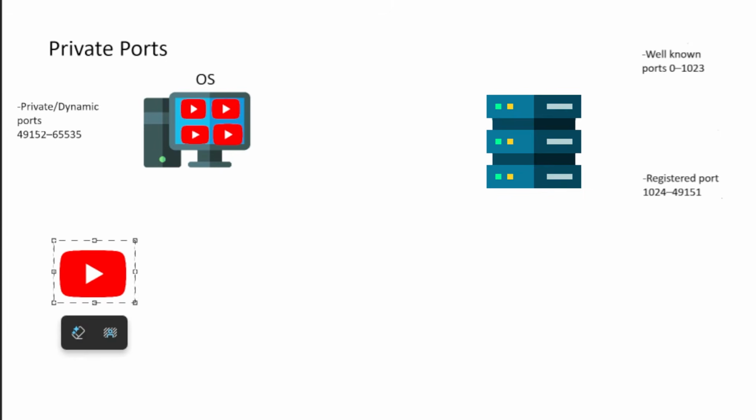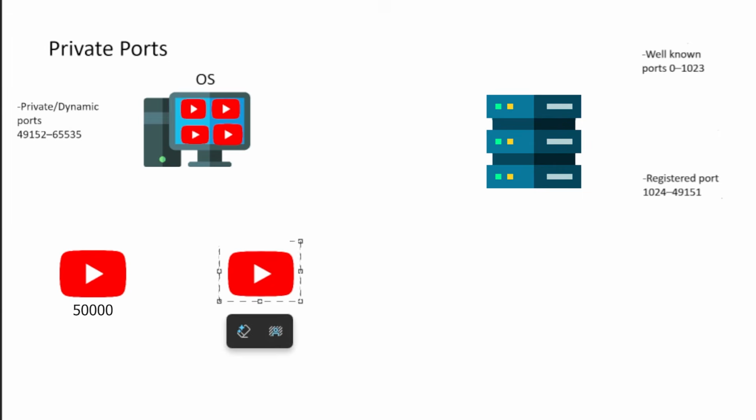Okay, so we want to watch a YouTube video. The operating system picks a free port number for that. Let's say port 50,000. If we now open a second tab with a different video, the operating system assigns a different free port number. For example, 55,000. In other words, the PC combines its local IP address with the assigned port number.